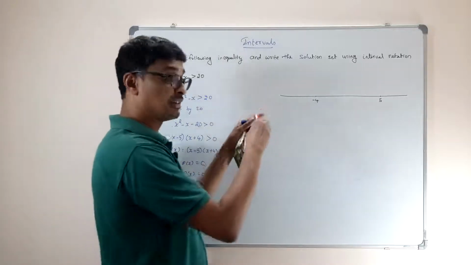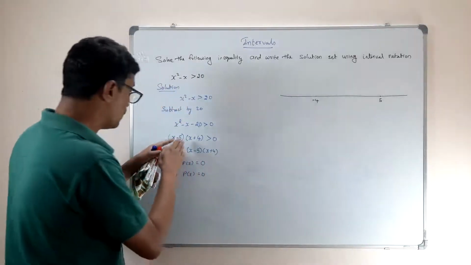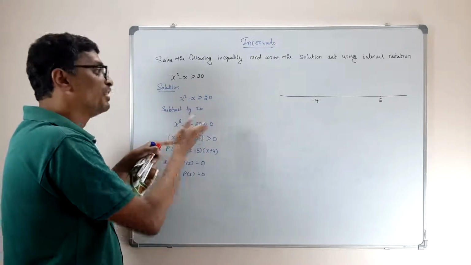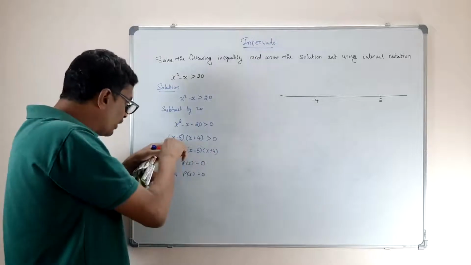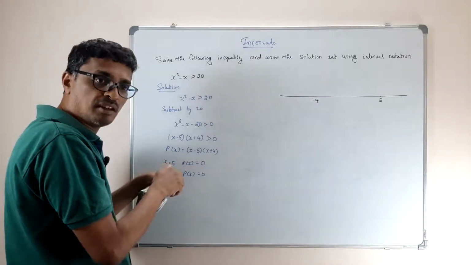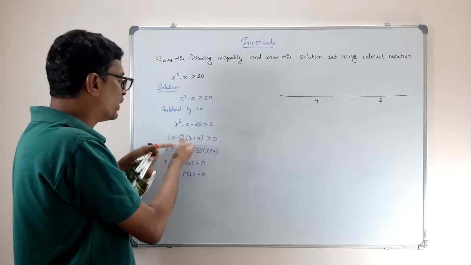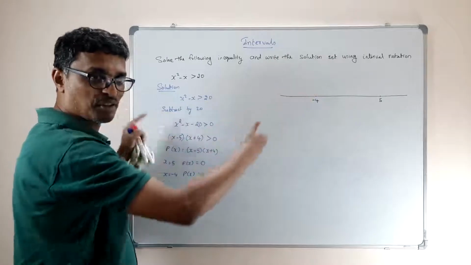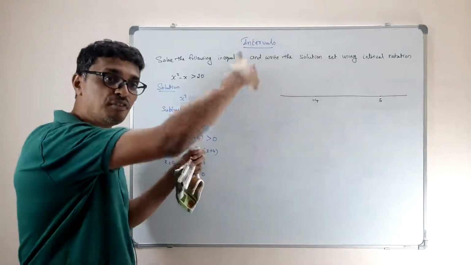It is not necessarily 3 regions. Sometimes you may have one more factor, like a cubic polynomial, then it will become 4. Or if the whole thing is divided by some other factor, like x minus 3, then you divide it into 4 regions.